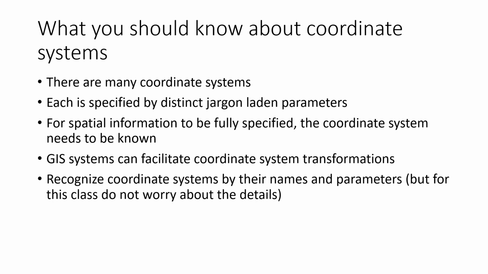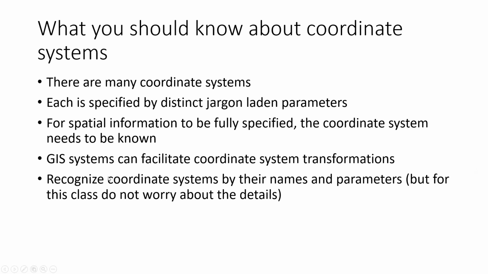For the location of something to be fully specified on the surface of the Earth, you need to know what the coordinate system is and what the location is relative to that coordinate system. And GIS will take care of a lot of that for you. It can facilitate the coordinate system transformations.